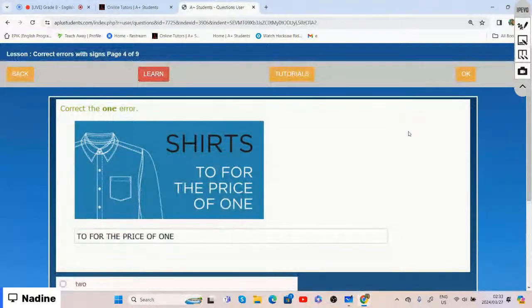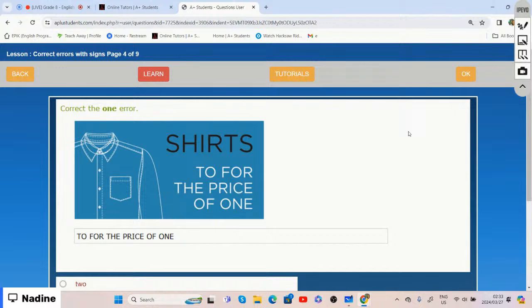Here it says we need to correct the one error. Shirts, two for the price of one. So shirts, two for the price of one.